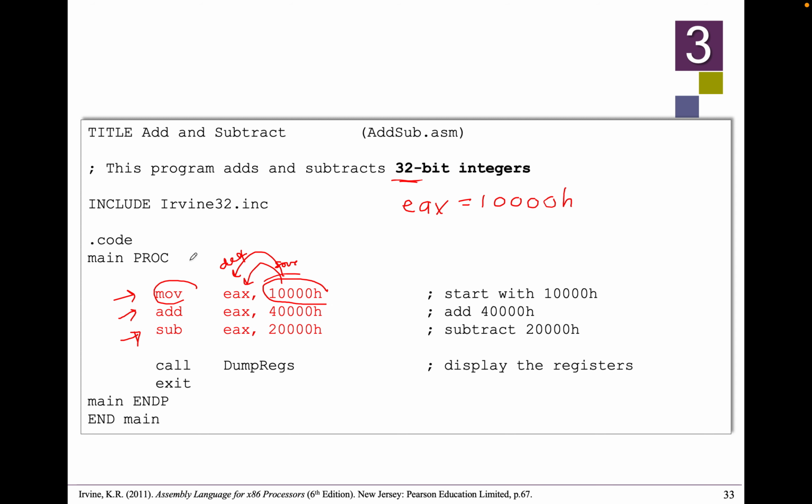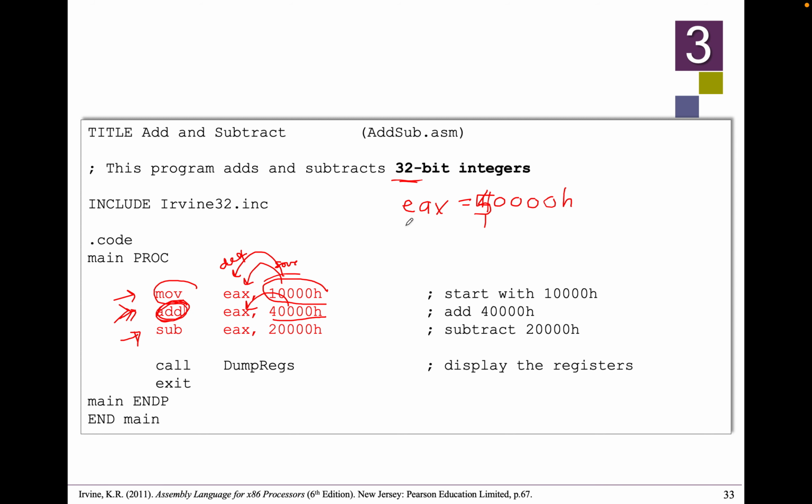You go to the second line, you can see ADD, which is addition. You're going to add this value to your current EAX. So you add 4000 with 1, and you're going to have 50000.